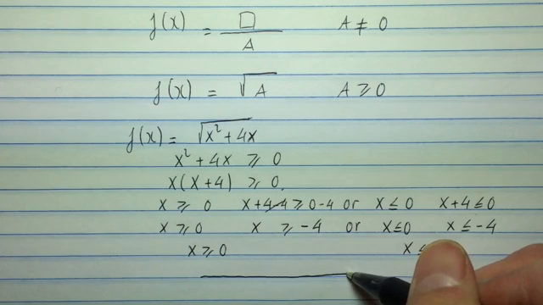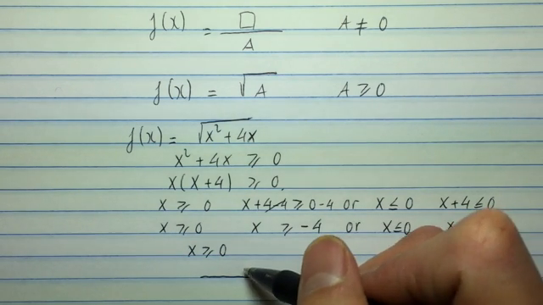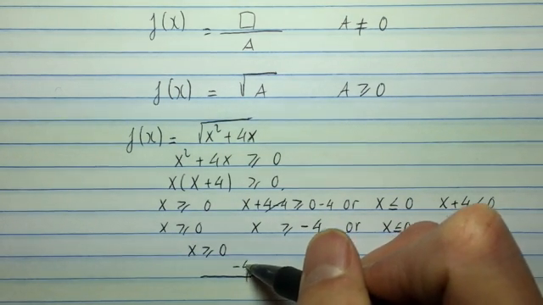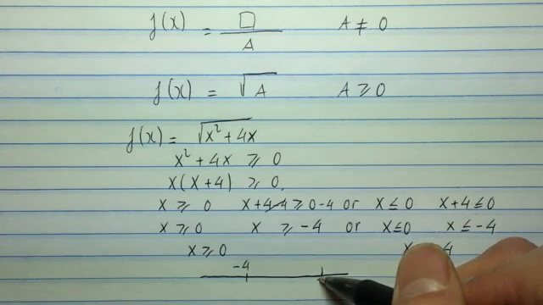So now I find my domain for minus 4 and 0.